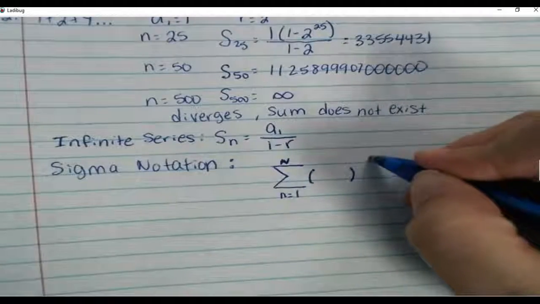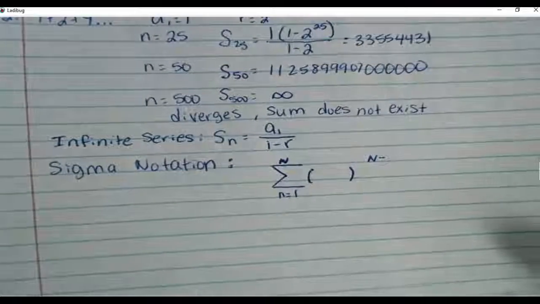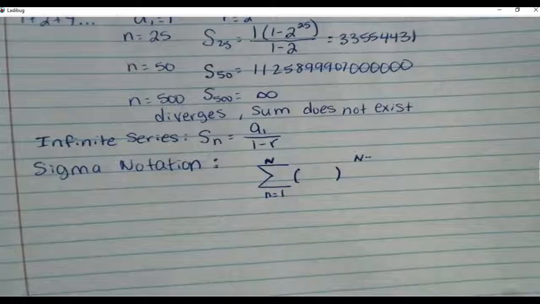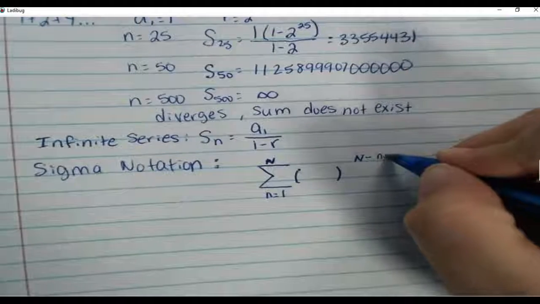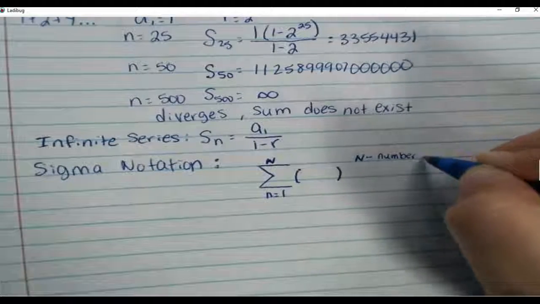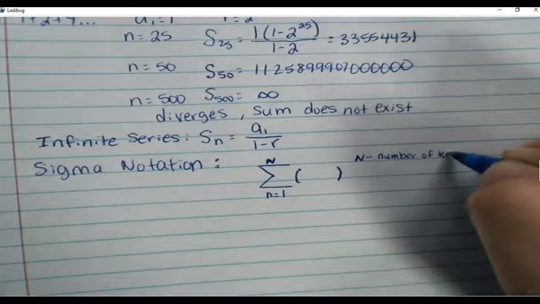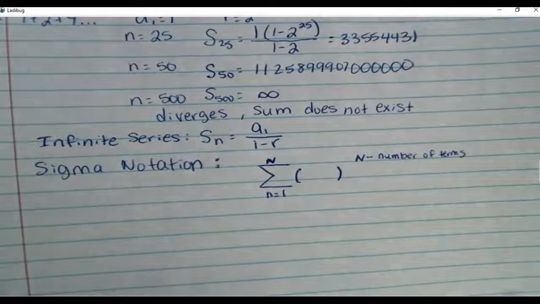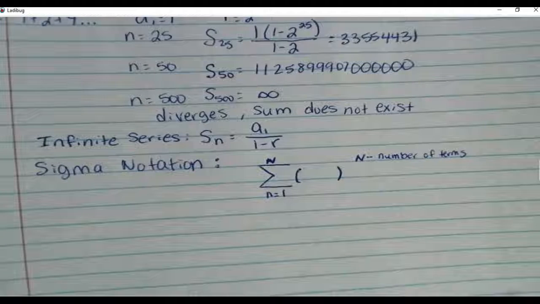So the big N tells you the number of terms. So if it's 5, you want to find the sum of the first 5 terms. So the big N is kind of like what we've been doing with our little n.